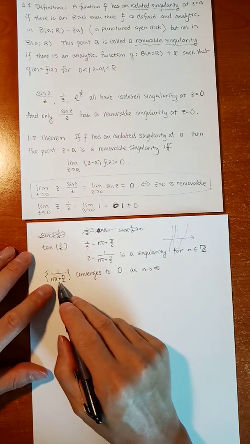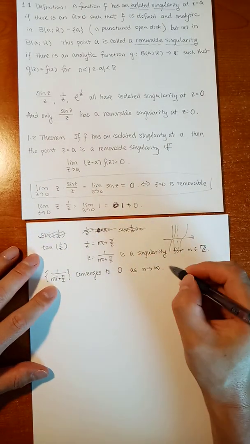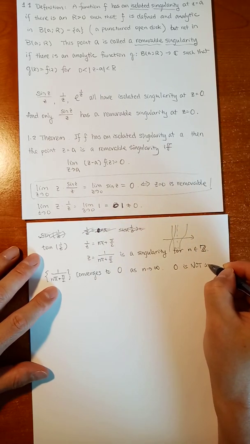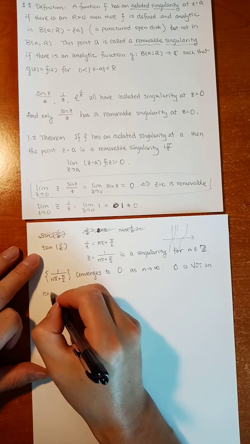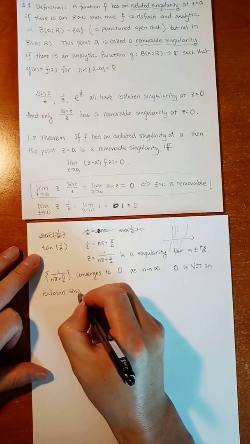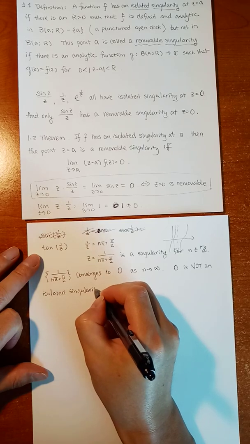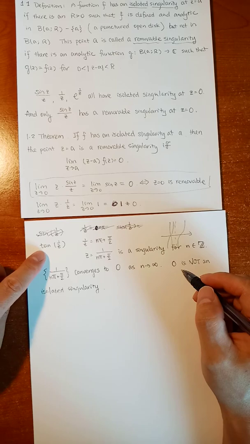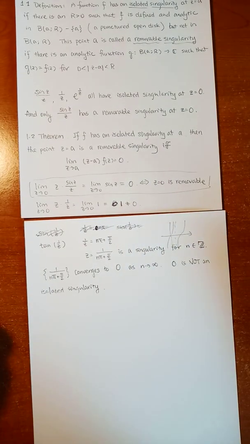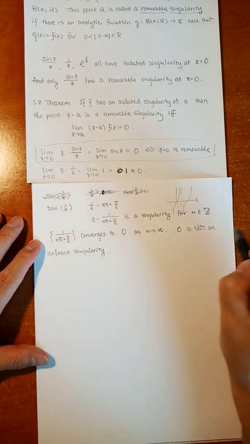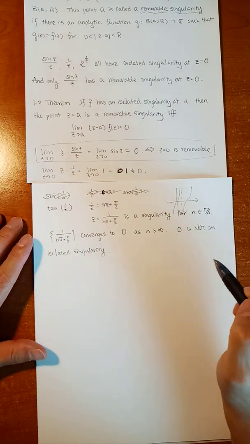So 0 is not an isolated singularity. Correct? 0 is not an isolated singularity for tangent of 1 over z. So you have a sequence of singularity points converging to 0.